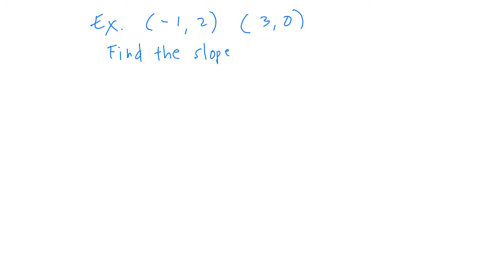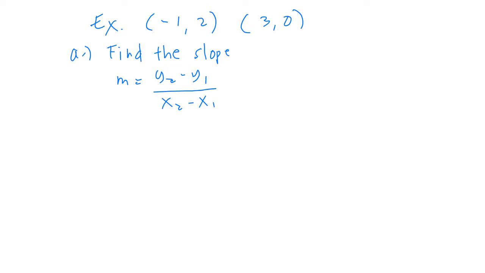So if you're asked to find the slope, you're going to use the first formula. That would be m is equal to y2 minus y1 all over x2 minus x1.